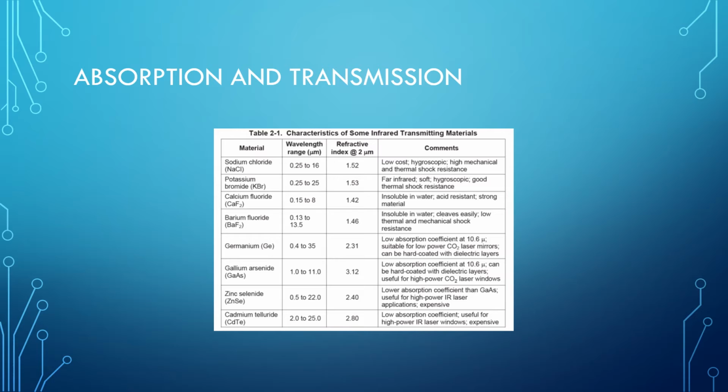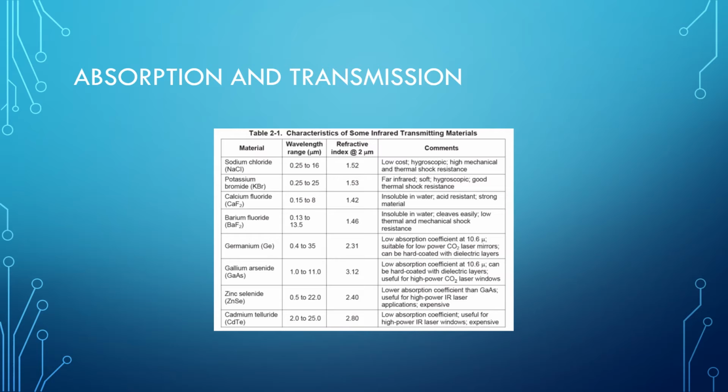This table, which is table 2-1 in our textbook, gives you absorption and transmission characteristics of some infrared transmitting materials. What I find interesting is that we start with sodium chloride, and it tells us the refractive index of sodium chloride is 1.52. Now, sodium chloride is basically salt, right?